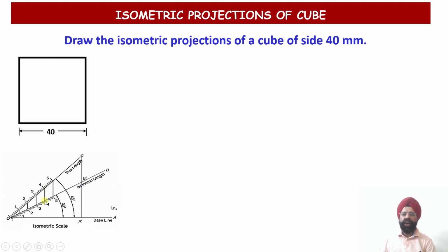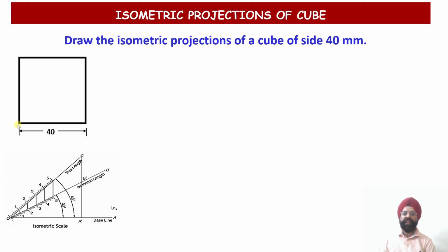Now we have a cube and we have to draw its isometric projections. It means that all three faces, the front face, side face and top face of the cube, will be shown in the isometric projection simultaneously, right?